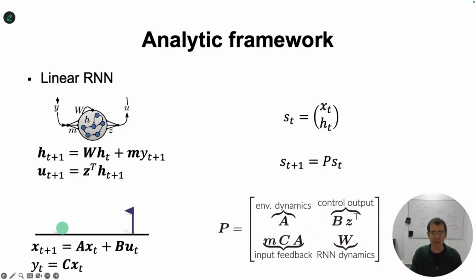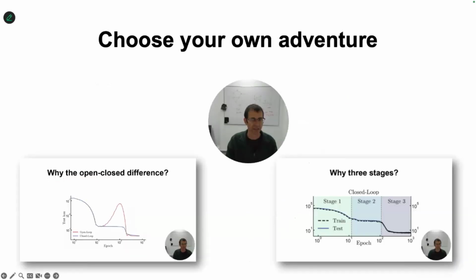So this matrix is going to serve us when you choose where you want to go next. So what will it be? 3 stages or open-closed loop difference?